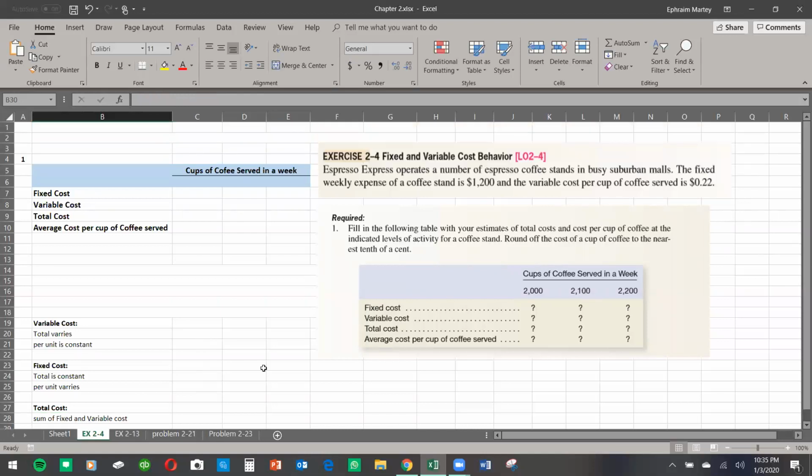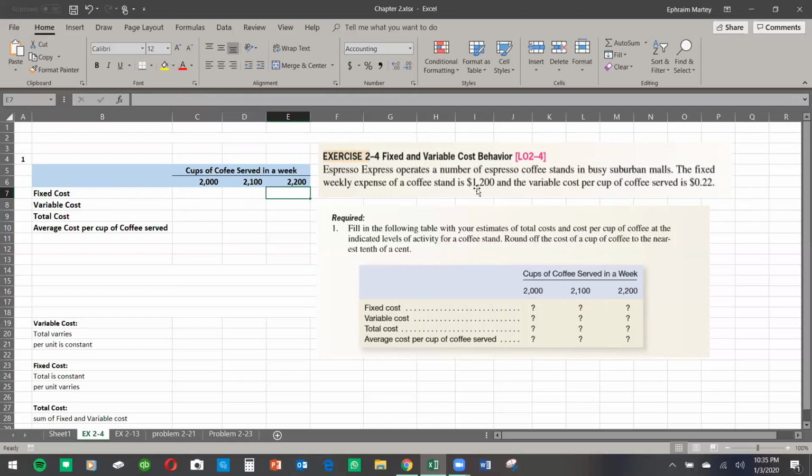Now, let's go ahead and talk about this problem right here. With the coffee stand, in the first week they served 2,000 cups of coffee. Week 2 they served 2,100 cups of coffee, and here they served 2,200 cups of coffee. Now, what is the fixed cost that will be allocated to 2,000 cups of coffee?